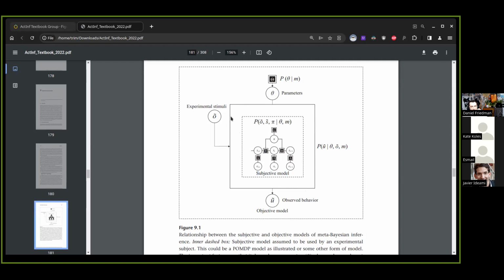What is the imperative for our action selection as experimenters? Well, we want to learn. That's the epistemic imperative, that's the good scientist. And we want to control. That's the pragmatic imperative, and that's the good engineer. This blend of good scientist and good engineer constitutes expected free energy.